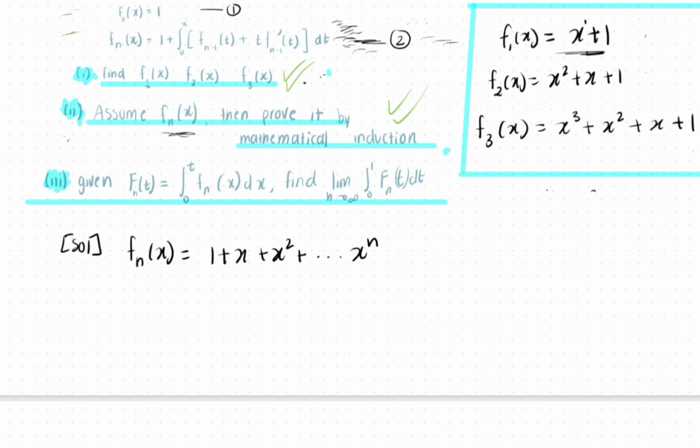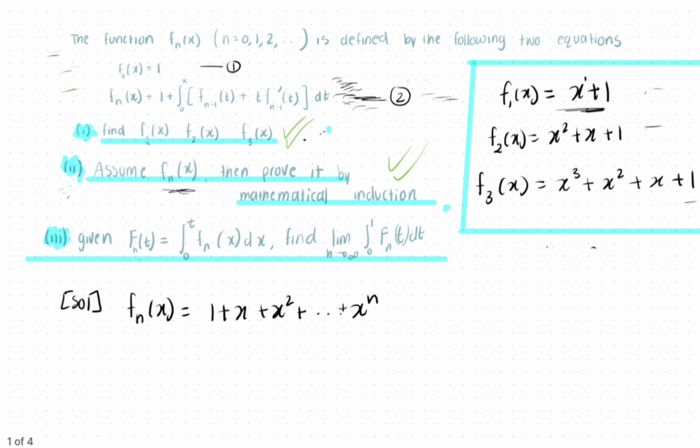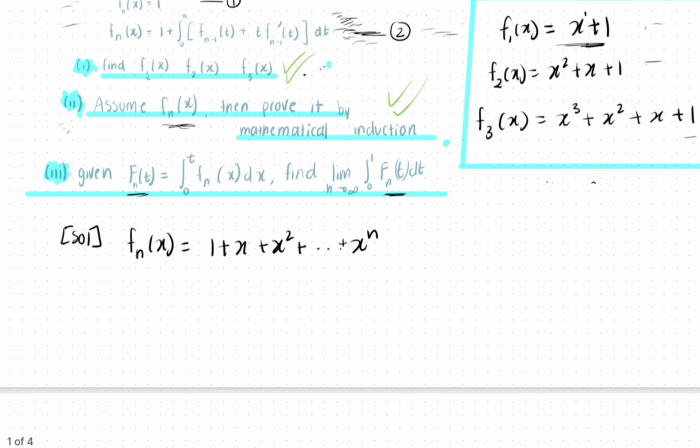So from that previous problem, part 2, we saw that f_n(x) is also equal to 1 plus x squared plus dot dot dot plus x to the power of n, as we saw over here to our right. So let's try to find capital F_n(t). Why? Because we know we need capital F_n(t) in order to find the limit, right? Lucky for us, they gave the value of capital F_n(t) in terms of that lowercase f_n(x), which we already have here. So let's just replace that.